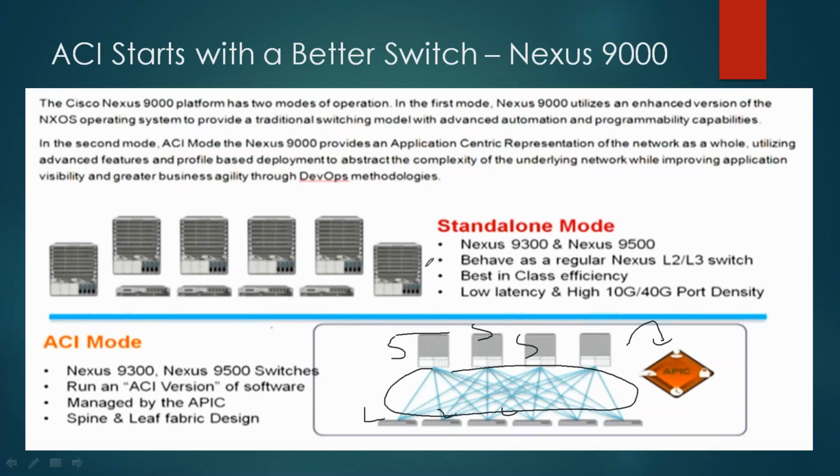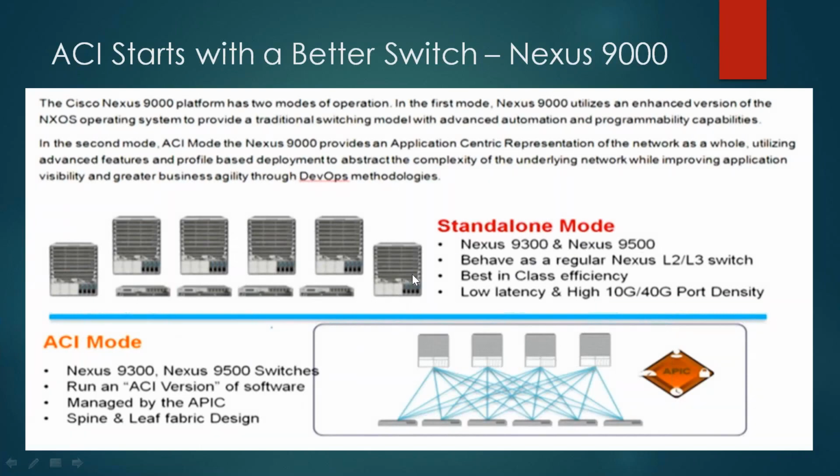Now in the core you can see that these devices are running Nexus 9K, either 9300 as a leaf or 9500 as a spine. This leaf and spine, or this Nexus, can run either in standalone mode or in ACI mode. So we have a dual benefit.